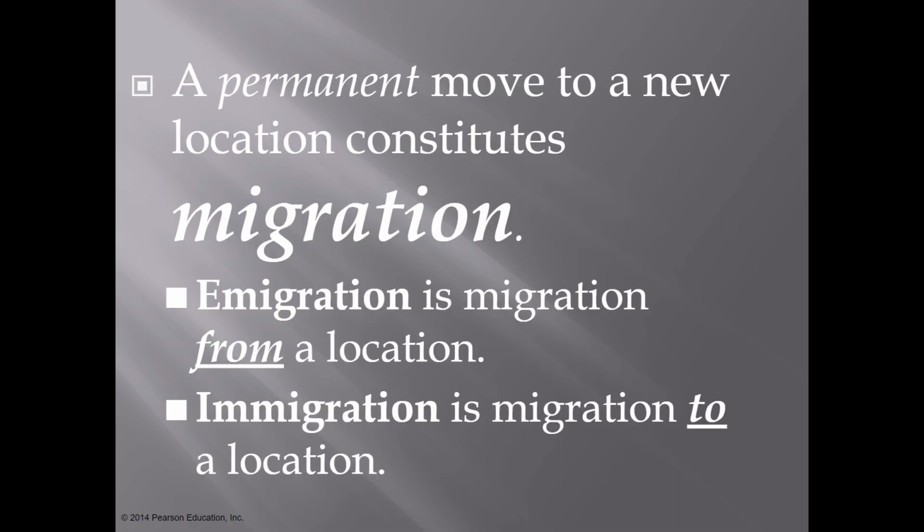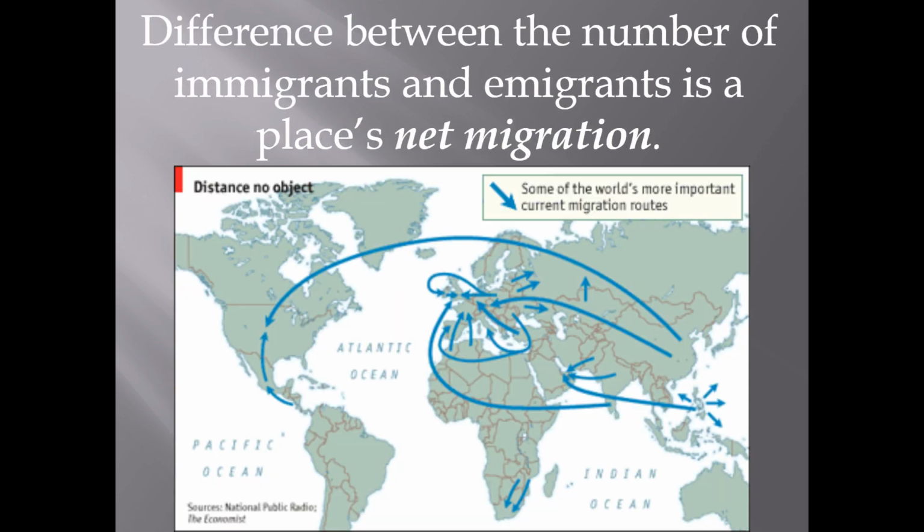So when you migrate, you are both an emigrant and an immigrant at the same time. Now, net migration is the difference between those two things. Net migration is how many people do you have coming into your country every year? How many people do you have leaving? And that determines your net migration. If you have more people coming in than leaving, you're going to have a positive net migration.